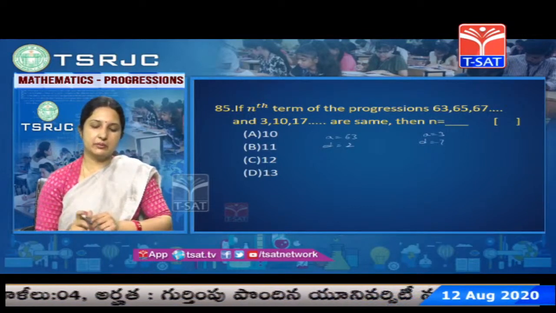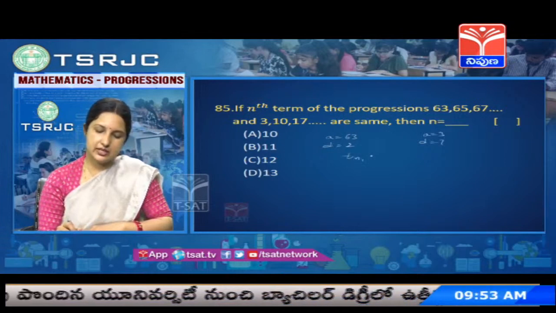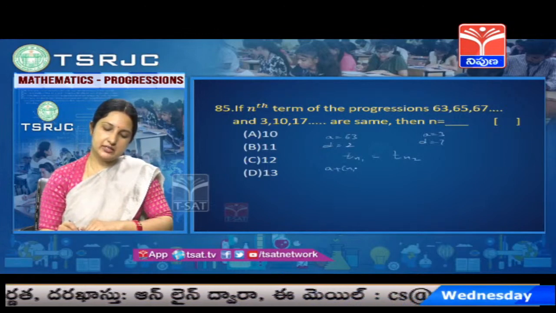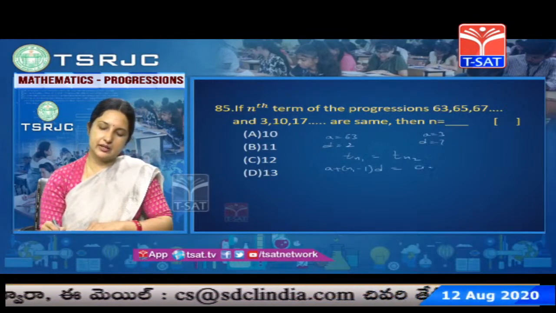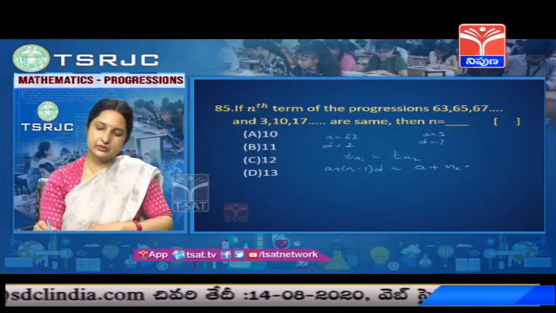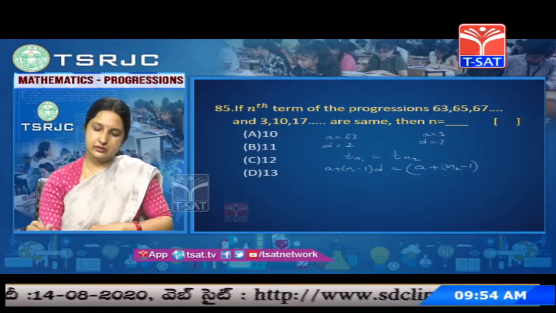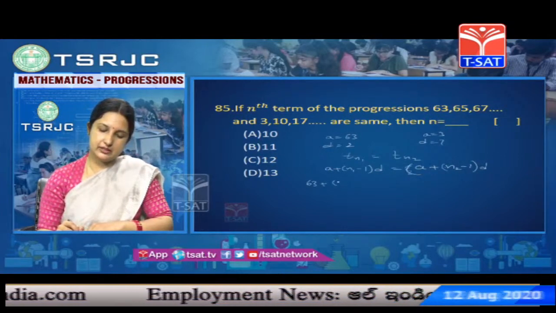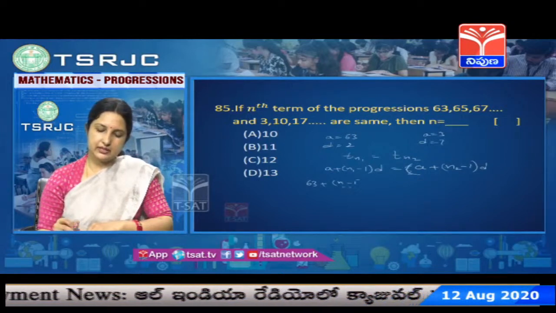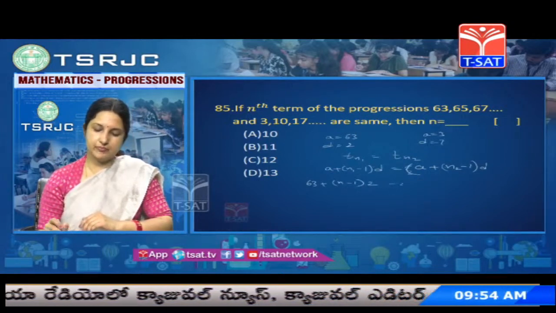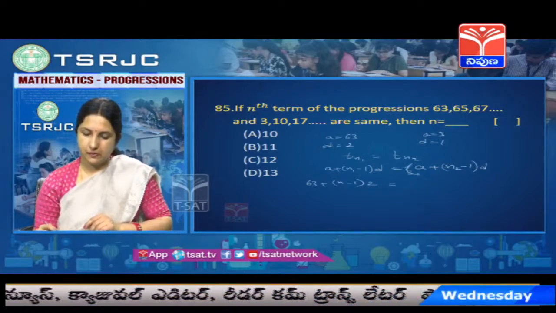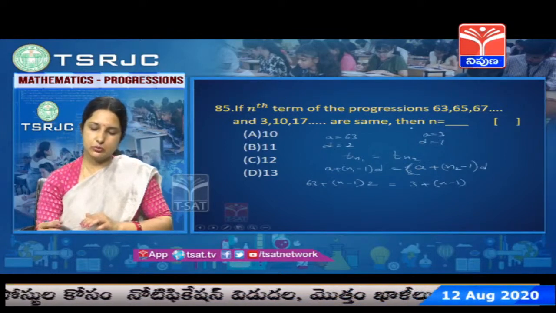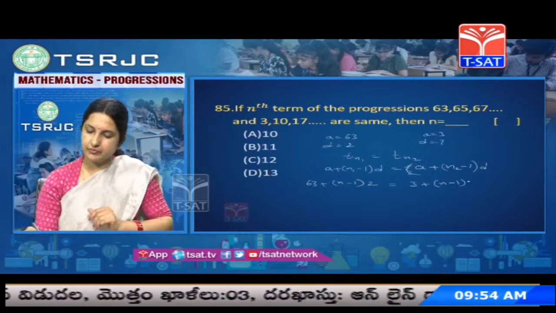So nth terms of the progressions are same. This tn1 equals tn2. nth term means a plus n minus 1 into d. ఇక్కడ a ఏంటమ్మా 63 plus n minus 1 into 2 equals 3 plus n minus 1 into 7, because nth term both are same అన్నారు కదా.